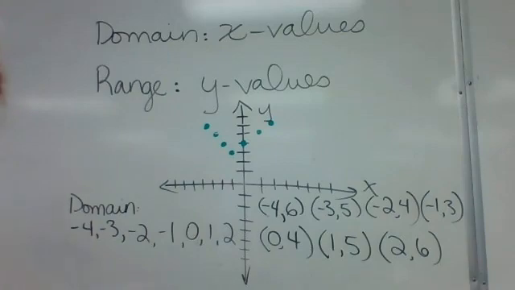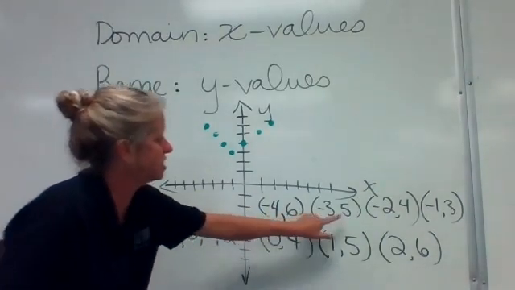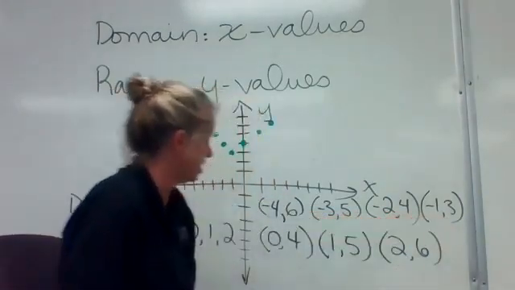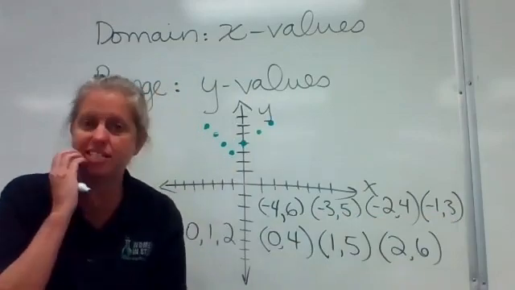My range is the same thing, but I do the y values. And again, if I see multiple of the same number, I don't need to write it twice. Let's look at my y's. 6, 5, 4, 3. And then I see 4, 5, and 6. So I see 4, 5, and 6 twice.